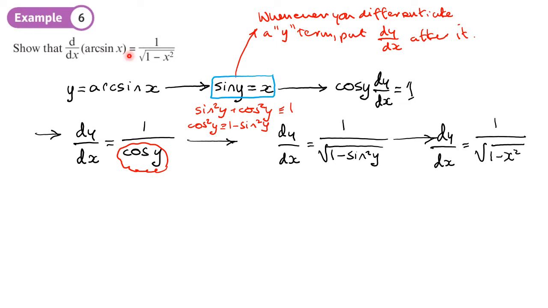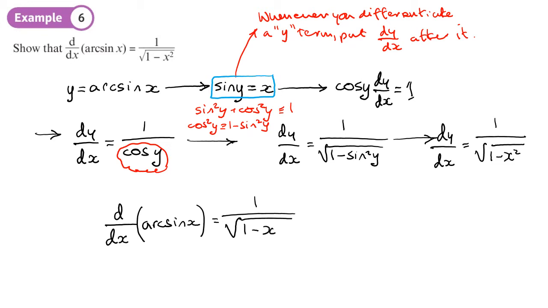And we've sort of proved it. We've shown that if we differentiate arc sine x with respect to x using this method of implicit differentiation, it's 1 over the square root of 1 minus x squared.